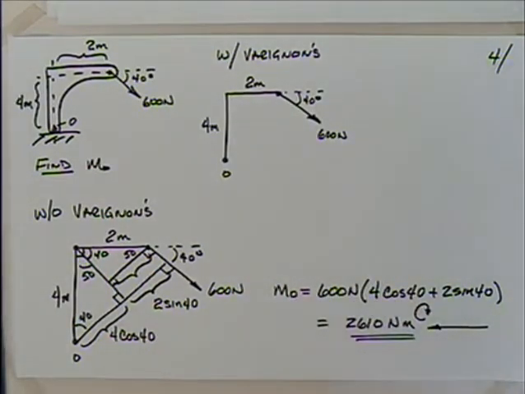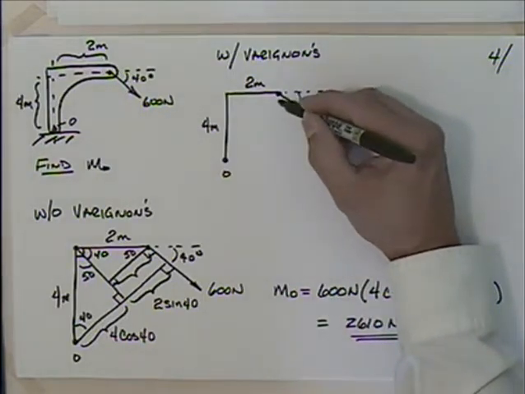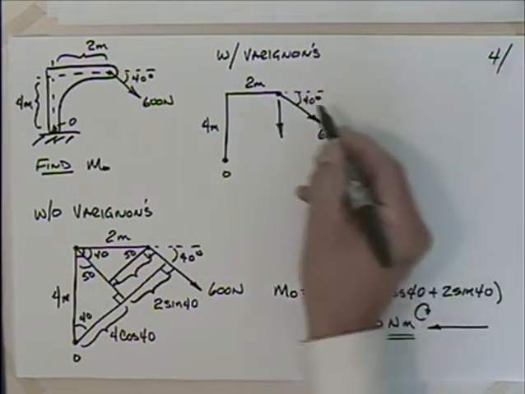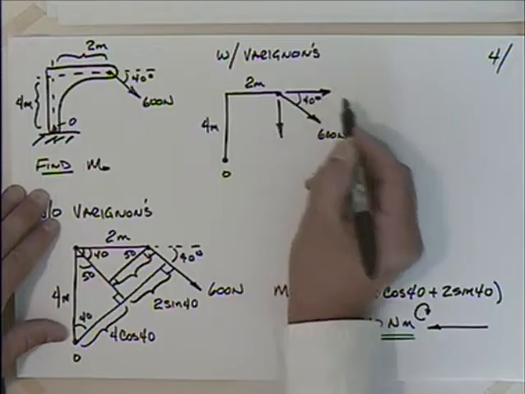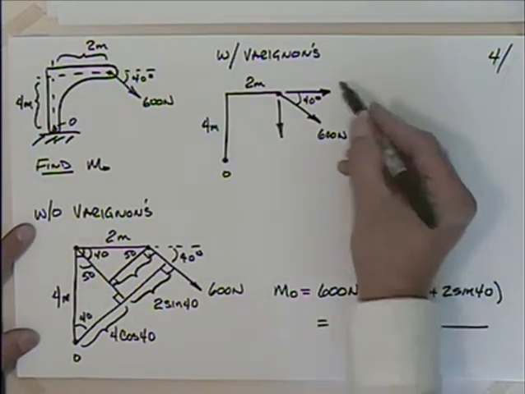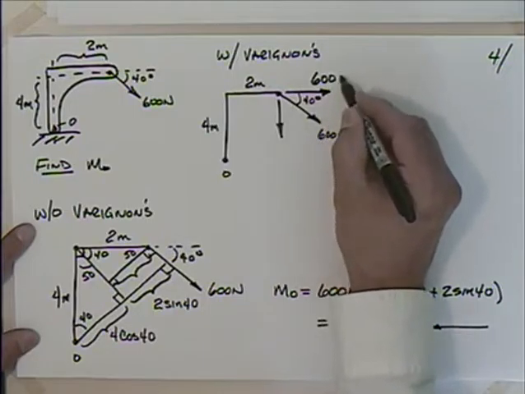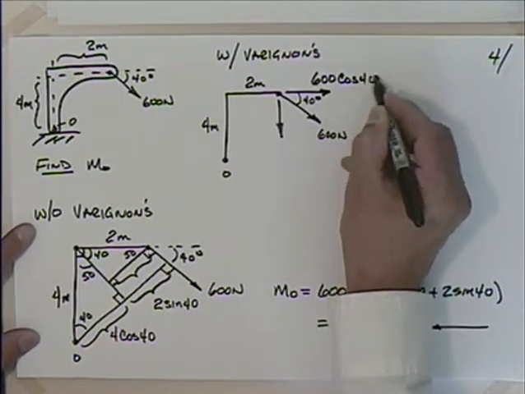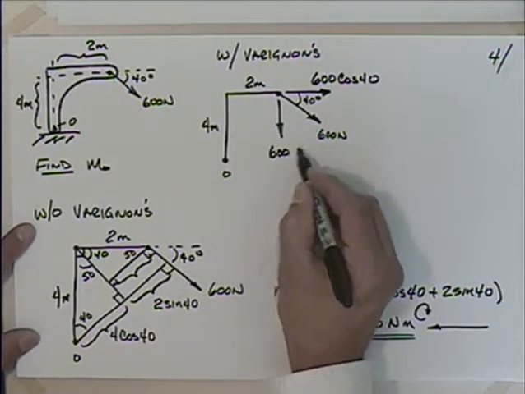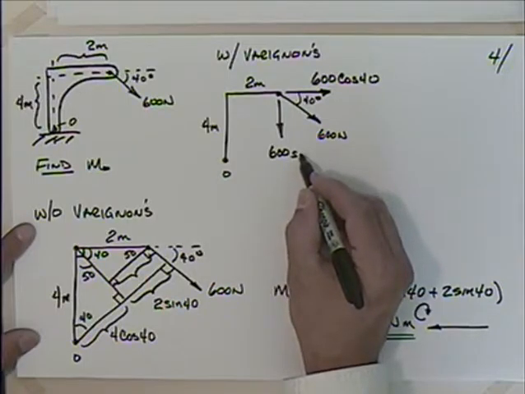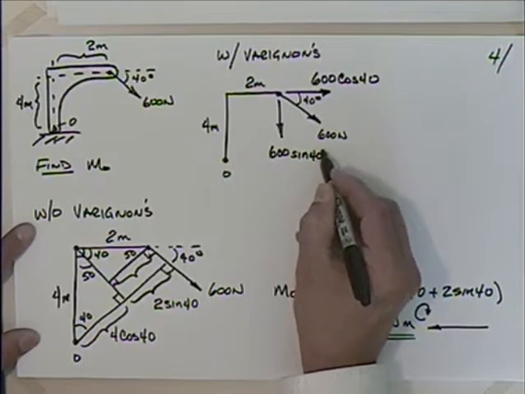And what Varignon said, well, hey, you can just break that into its components. So I can break this into this component, and I can break that into that component, and this would be 600 times the cosine of 40. This would be 600 times the sine of 40.